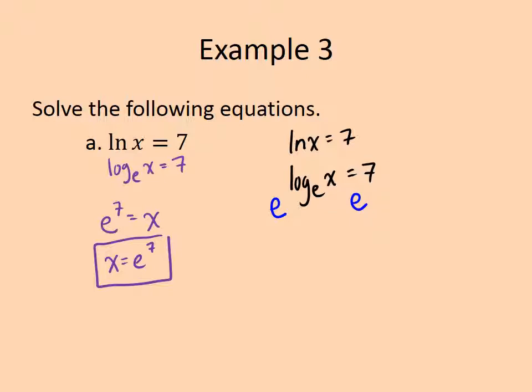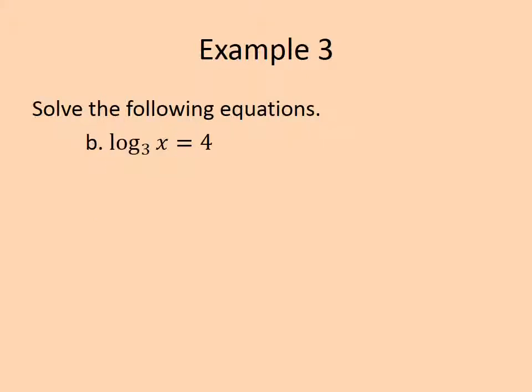Using the inverse property, we know that e to the log base e of x is just x, which means x equals e to the 7th. Either one of these solutions will work in solving this problem.